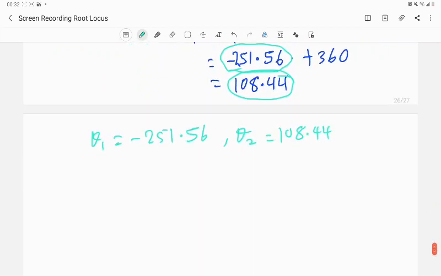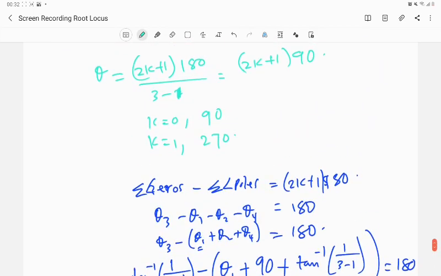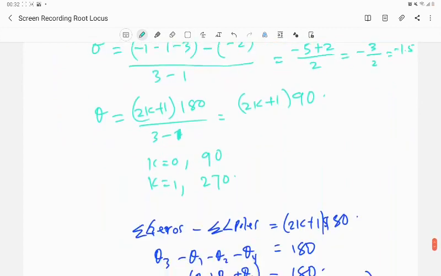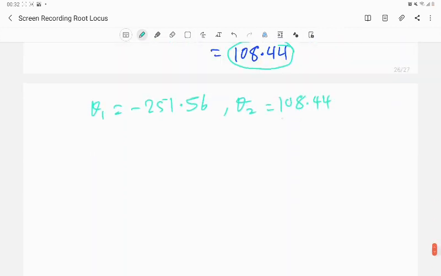It doesn't matter which is theta 1 and which is theta 2. The angle of departure, they are always going to be 2, and one is this, one is that. So those are the two angles of departure. Of course you can add 180 to this to get that for the other angles, whichever way you want to do it. So these are the two angles of departure.